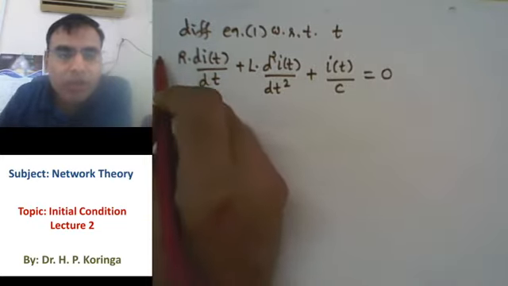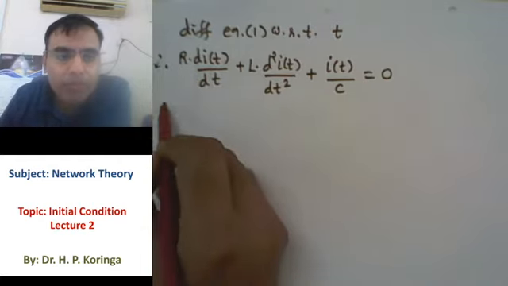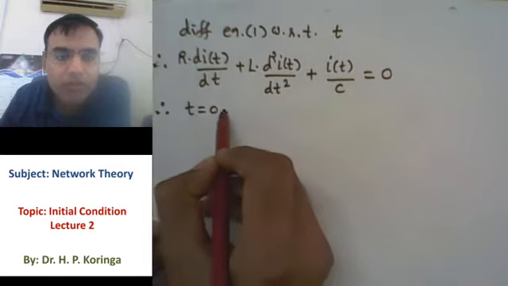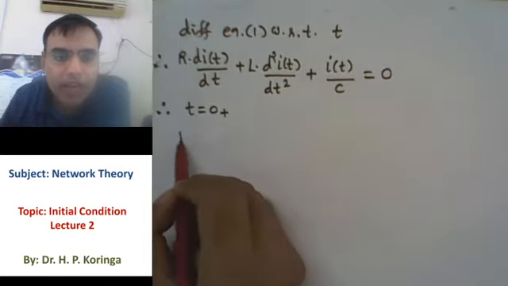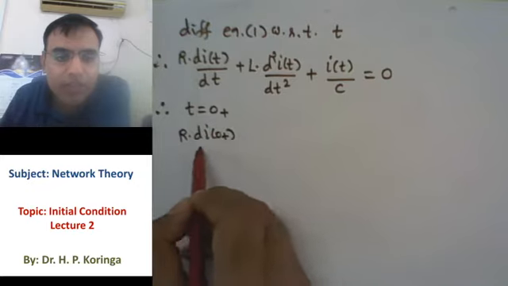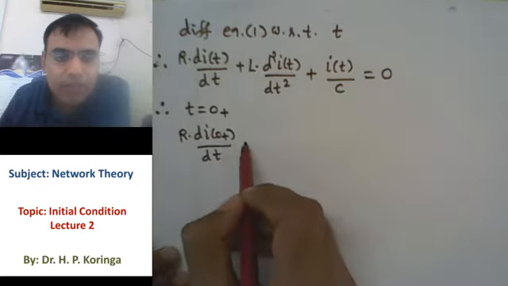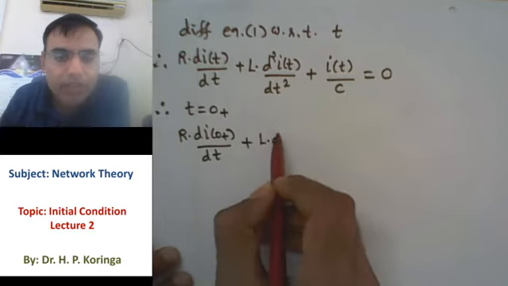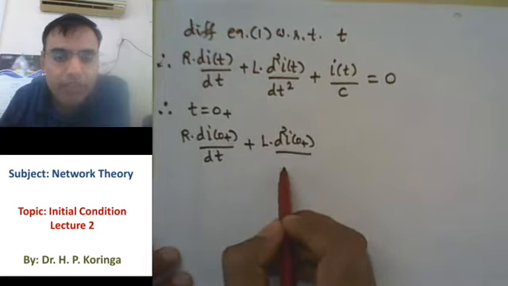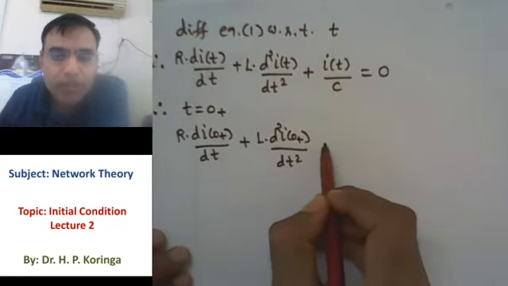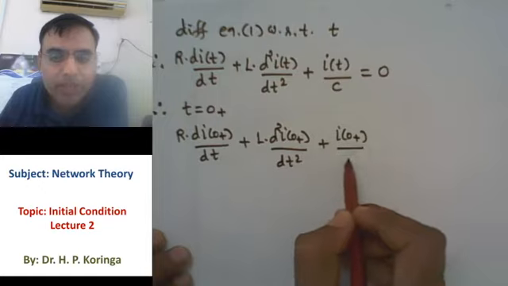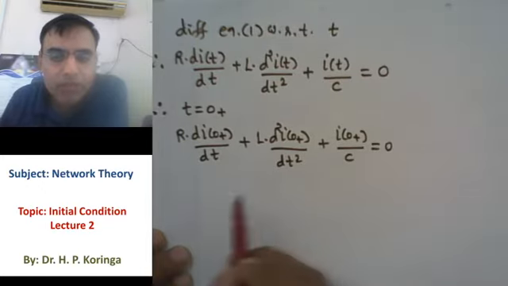Let us put in the above equation t is equal to 0+. So we'll get R into dI(0+)/dt plus L d square I(0+)/dt square plus I(0+) divided by C is equal to 0.